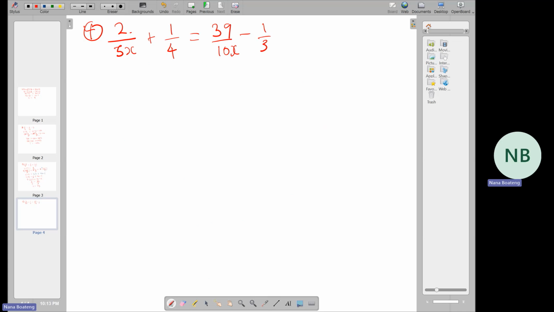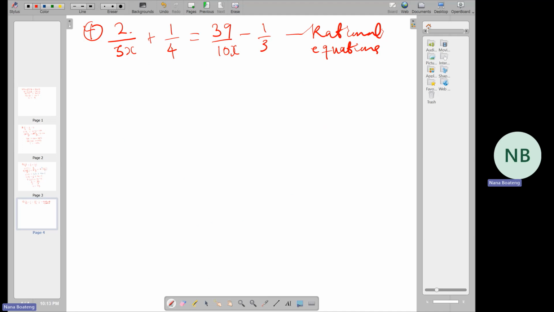For these kinds of examples where we have a variable in the denominator, these are rational equations. For these rational equations, the first thing that we look out for is the restricted values of x.